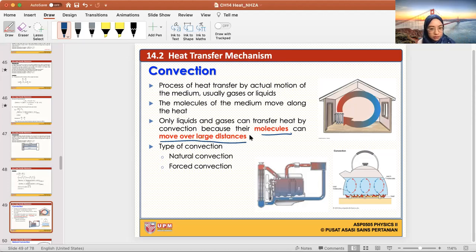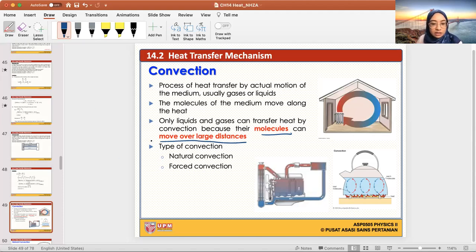The molecules of your phone would move across the room when it overheats, right? That's not supposed to happen. So convection can only happen for liquids and gases. Please keep that in mind. If solids could do convection, it would be very scary.